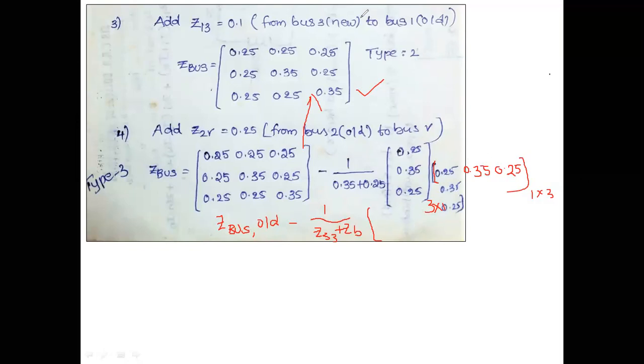Now let us verify. Please, all of you note down these things. I think we have stopped at this point right now. Just note this down, then we go for the next slide. Please, this is a type 3 modification. The fourth step is type 3 modification.